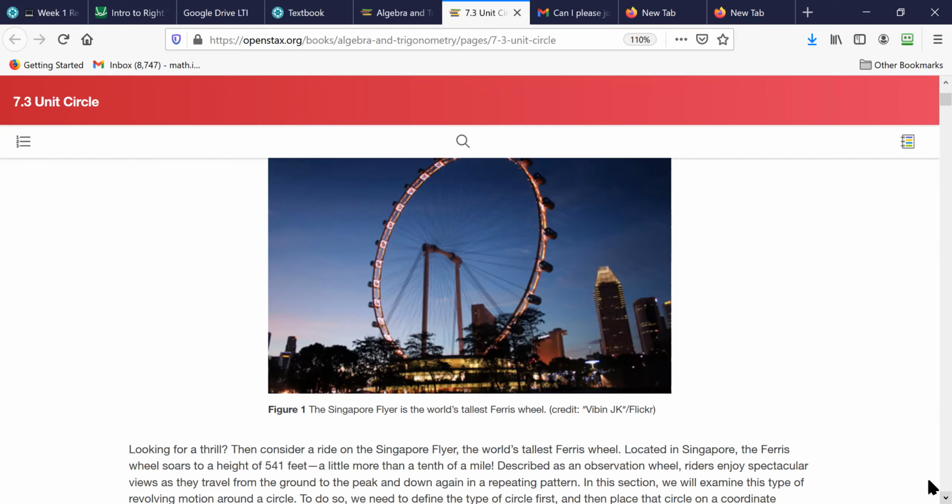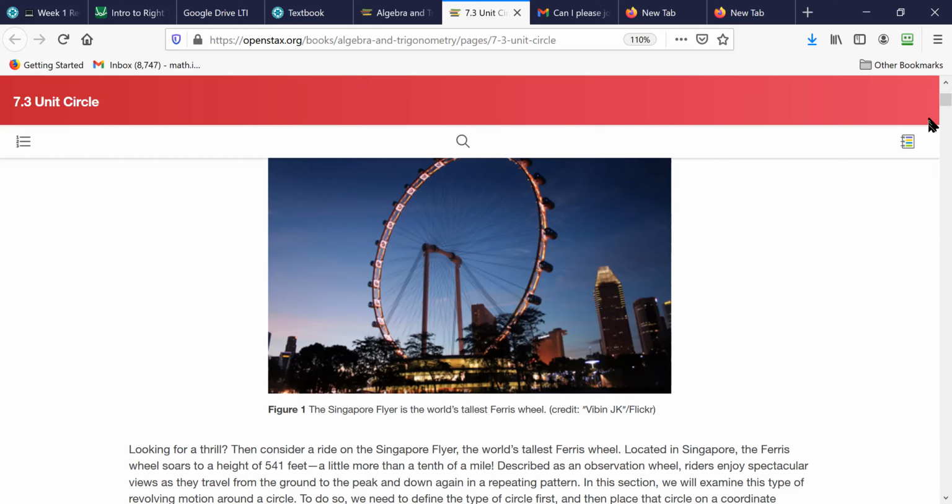Located in Singapore, the Ferris wheel soars to a height of 541 feet, a little more than a tenth of a mile. Described as an observation wheel, riders enjoy spectacular views as they travel from the ground to the peak and down again in a repeated pattern. Now, why is this picture here?